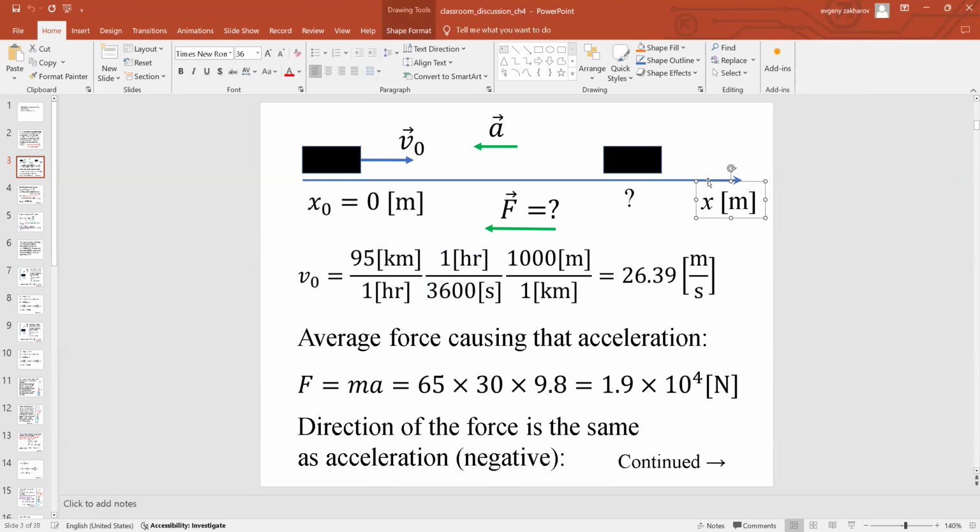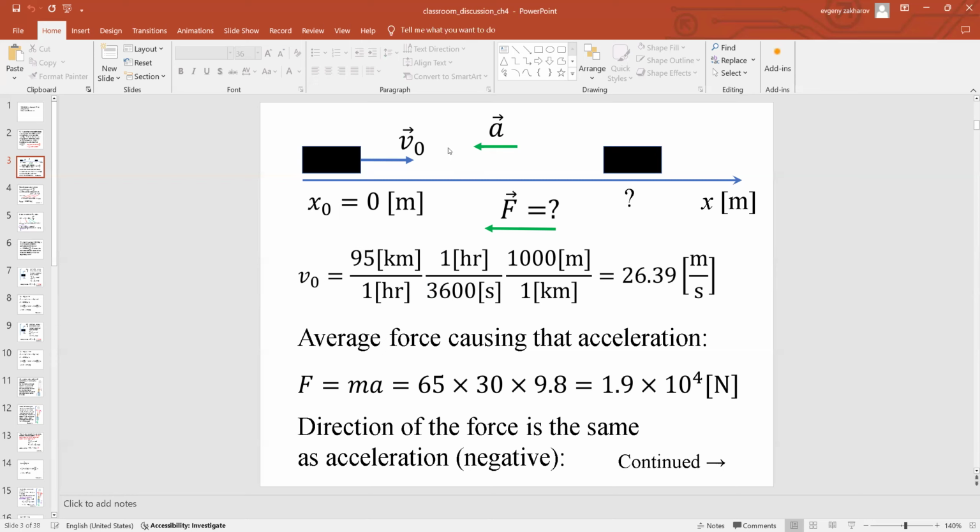Now this is the sketch. You have the initial velocity of 26 meters per second. We are slowing down. That means acceleration must be in the opposite direction. And Newton's second law says F equals ma. So whatever the direction for acceleration, that's the direction for the net external force.